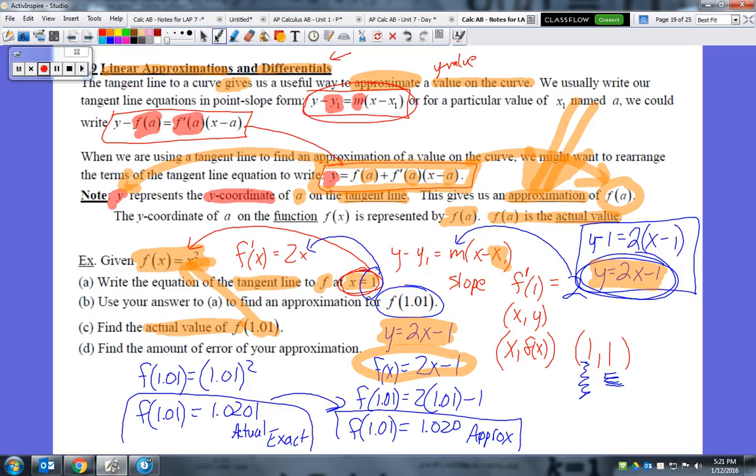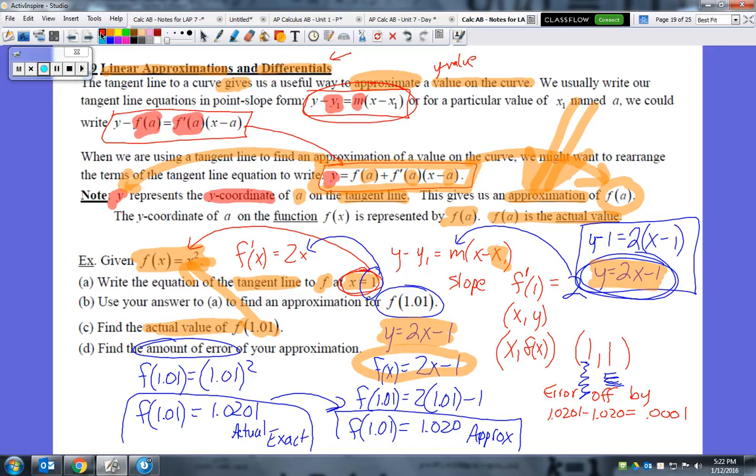So we're going to say the error is off by, so it says find the amount of error of your approximation. Let me write that out so that you see what it looks like. The error is off by 1.0201 minus 1.020 is equal to 0.0001.